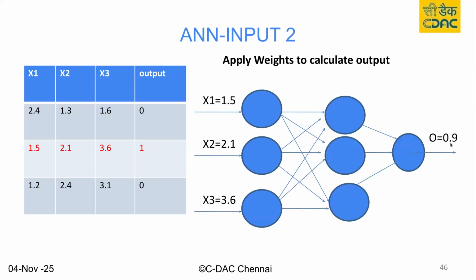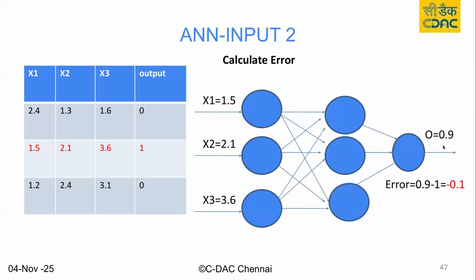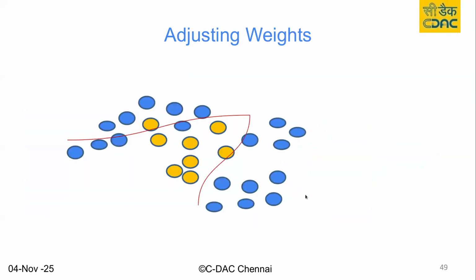So when I calculate the error, I get 0.9 minus 1, which is minus 0.1. So again I don't get an error of 0. My objective is to get a 0 error, right? So I'll again adjust the weights associated with my connections, and then I'll go to the third row.